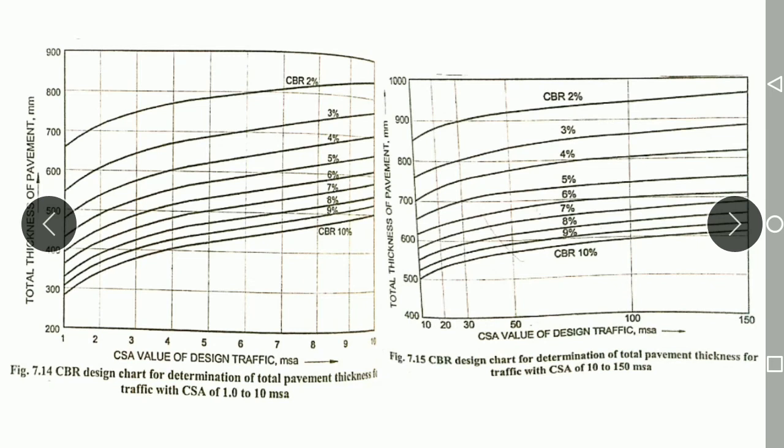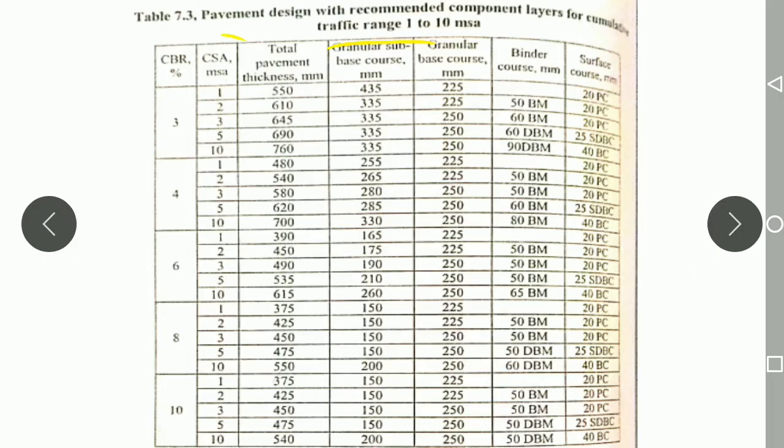Again, on the x-axis we have the CSA value, on the y-axis we have the thickness. Like that, some tables are there to provide the particular thickness for the different layers of the pavement. We will use these tabular columns prescribed by the Indian Road Congress.